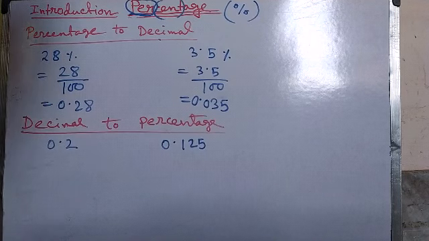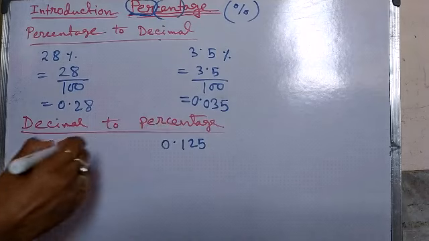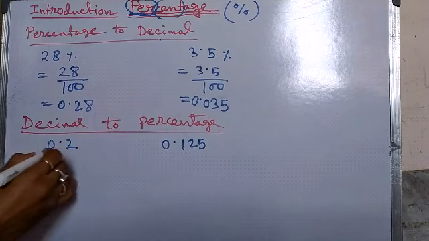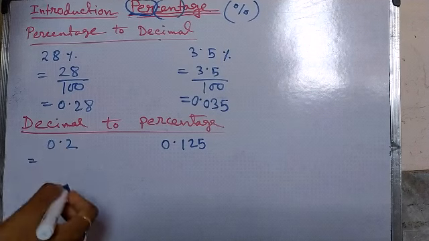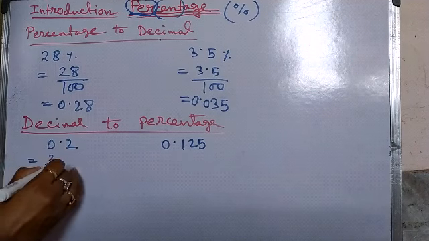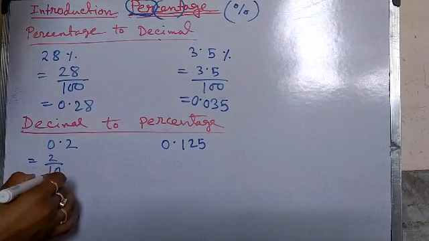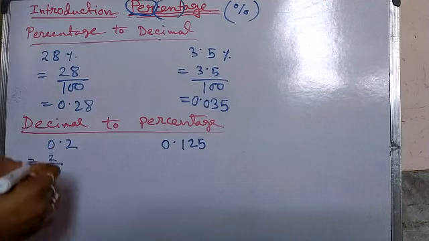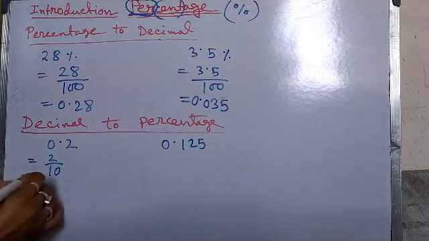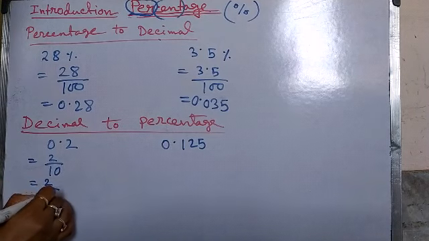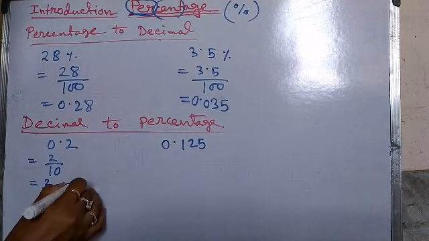Now I will discuss how to convert decimal to percentage. Here the decimal number I have taken is 0.2. So first of all, 0.2 means what, that we have to write. 0.2 means 2 by 10. That means we have to convert it into a fraction. 2 by 10. Then I told that when we make any number into a percentage, we have to multiply it by 100%.